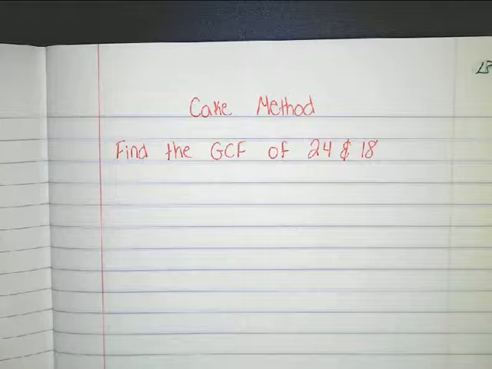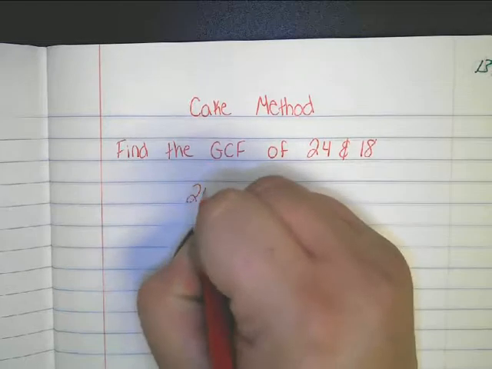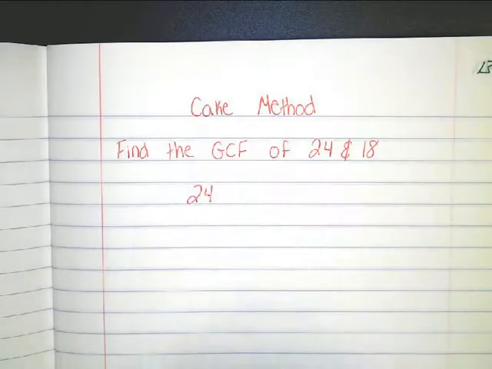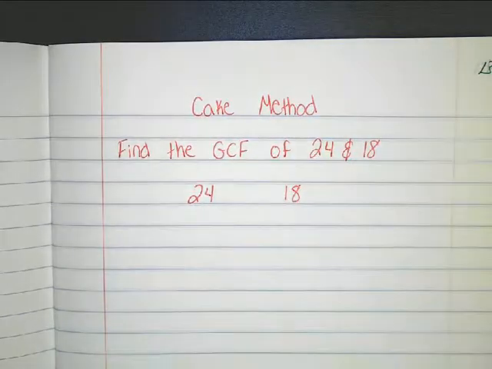You should be on a new page in your notes. I'm going to start with the number 24. And then I'm going to leave some space, and I'm going to write the number 18. I don't want to write them too close together because I don't want it to look like a 4-digit number. I want to see that they're two separate numbers. Okay?